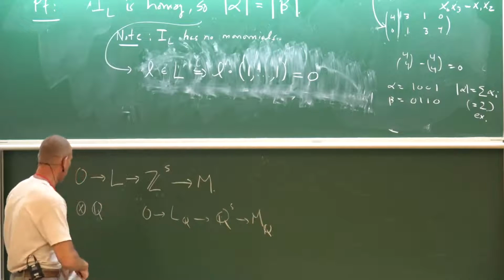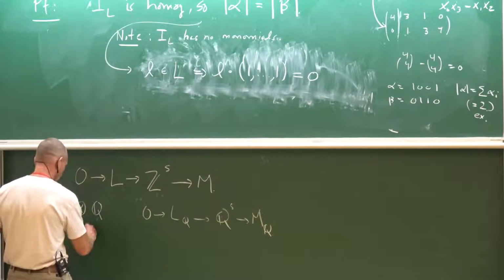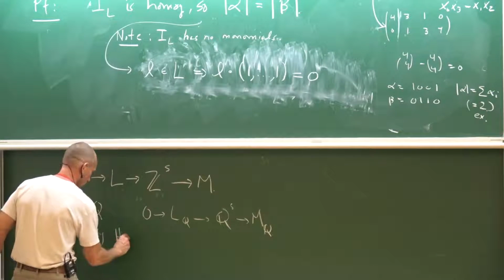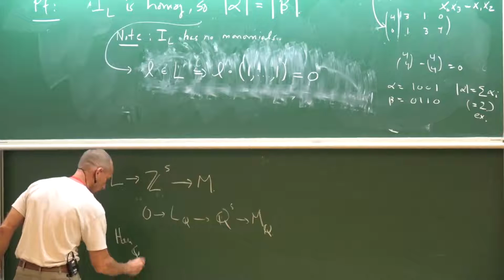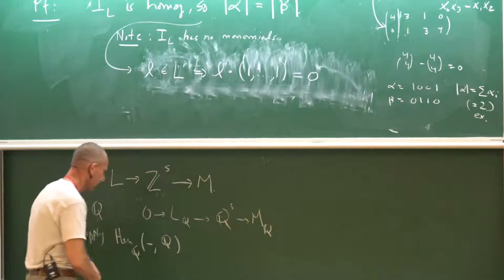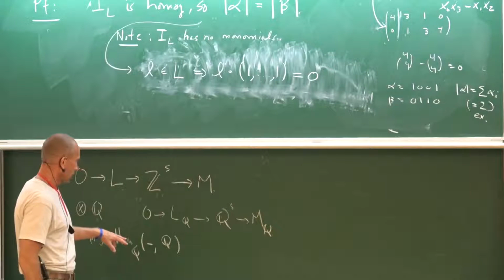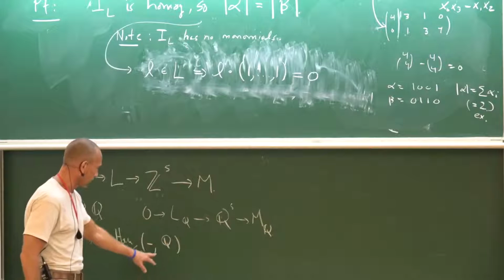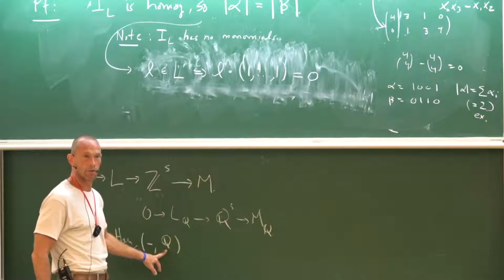And now I tensor with Q, and then I apply Hom_Q of blah into Q. Now, for this guy, Hom is left exact, but when I'm applying it with a fixed thing in this entry, which way is it, covariant or contravariant?